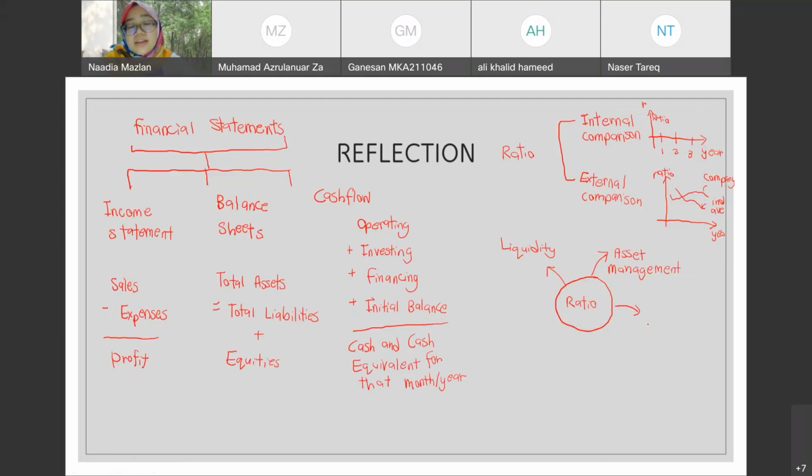Sazad, are you there? Yes, doctor. What is the third ratio? Current asset management.